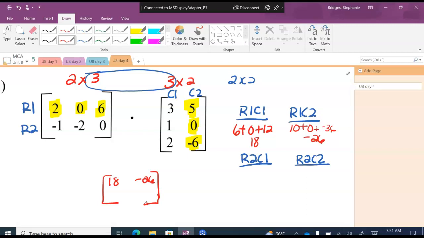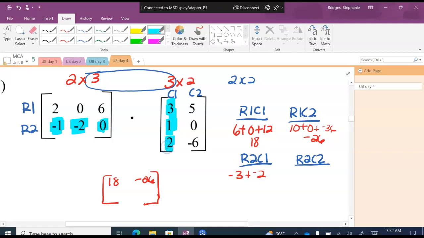And then we're going to do the same process again, but now with row 2. First element in each. Row 2, column 1, negative 1 times 3 gives me negative 3. Then negative 2 times 1 is negative 2. And then 0 times 2 gives me 0, which is going to add together to give me a negative 5.